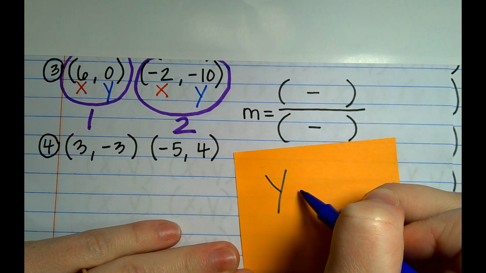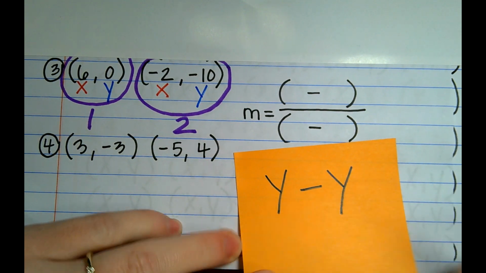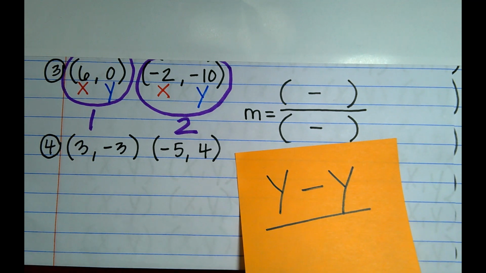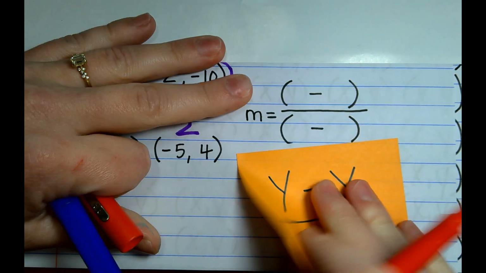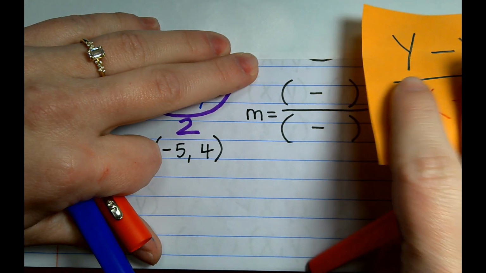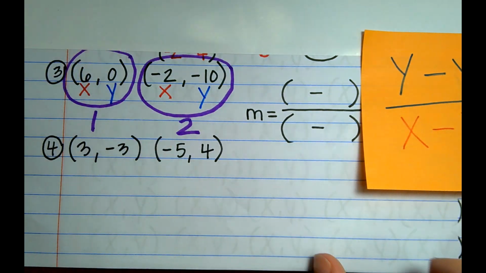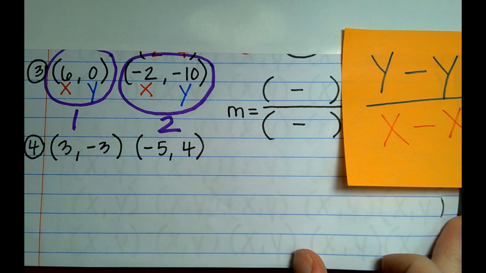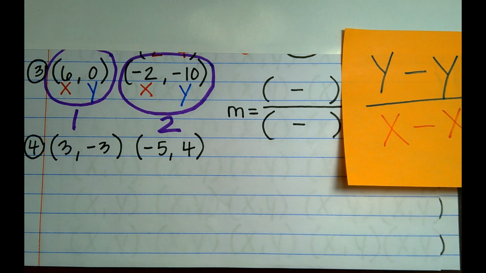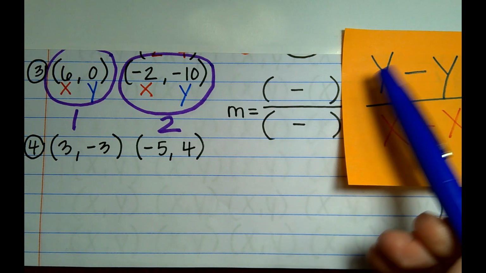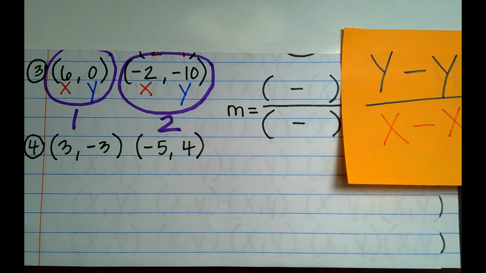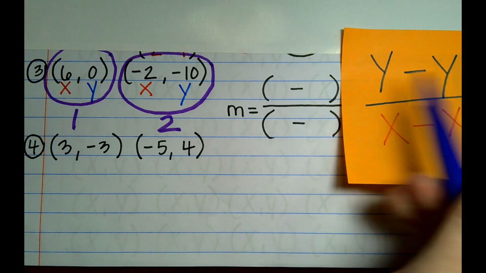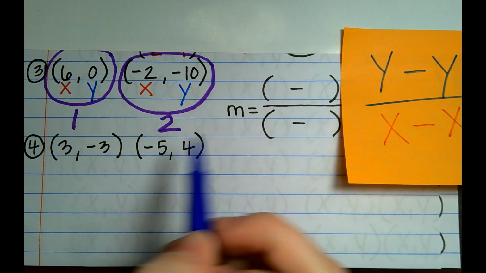We have y minus y over x minus x. Okay. So, put that to the side. There we go. So now it says we're going to be putting y on top, because that's what our formula says. And my y's are blue, so let's see.